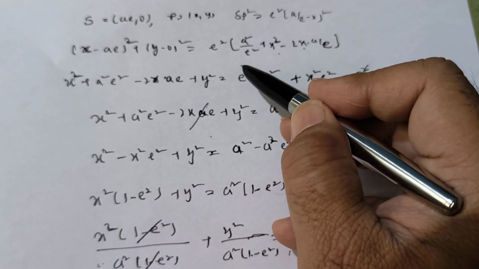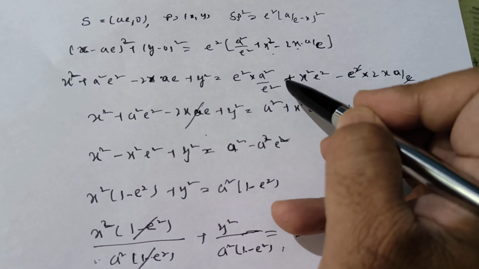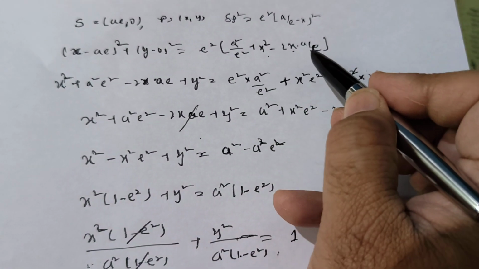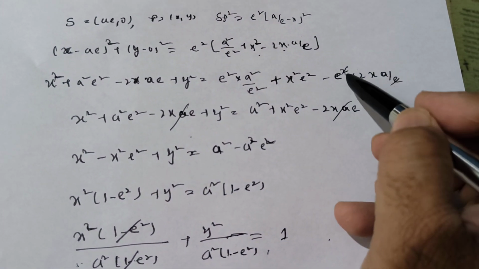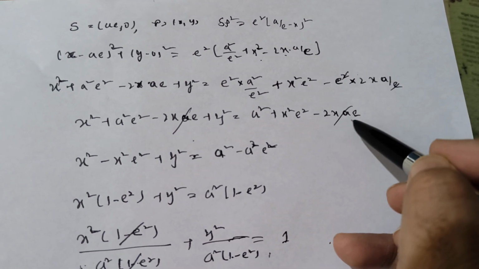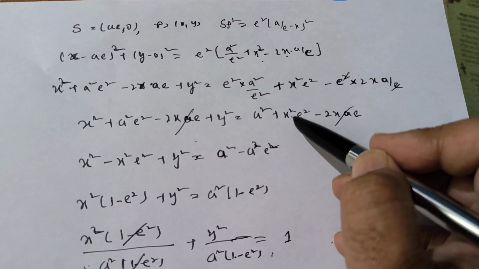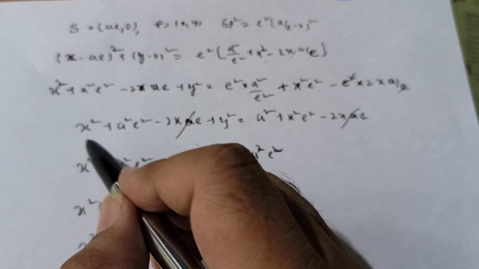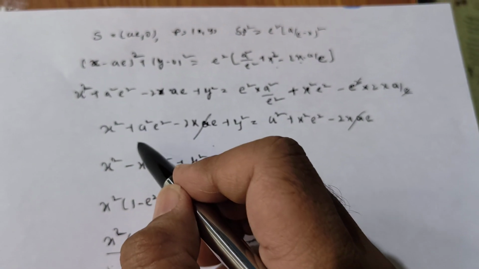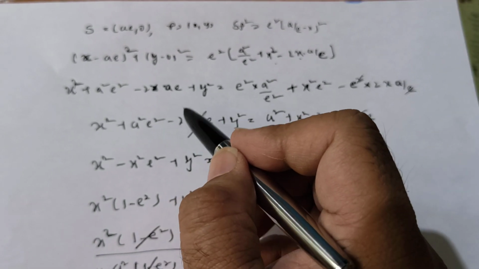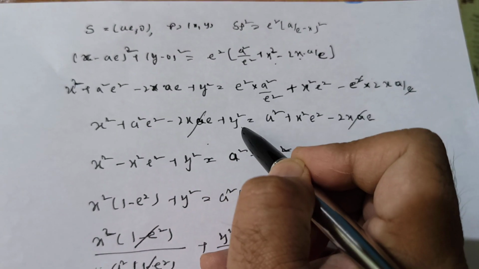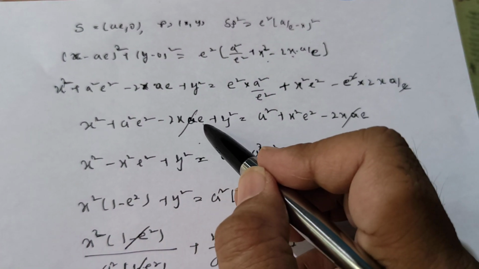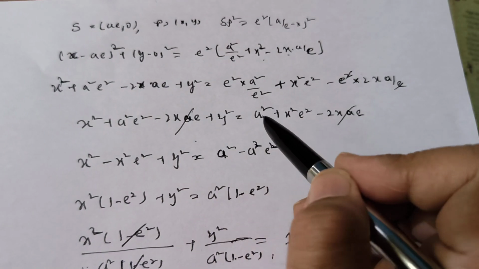I started multiplying E square into A square by E square, plus E square into X square. E square multiplied with 2x A by E gets cancelled, you are getting 2x AE, and in X square E square, E cancels to leave A square. Come back to the left hand side: X square you have written as this, A square E square as this, 2x AE as this, plus Y square as this. Now the cancelling terms are 2x AE, both having the same sign.